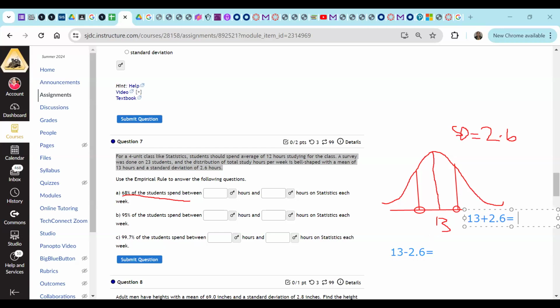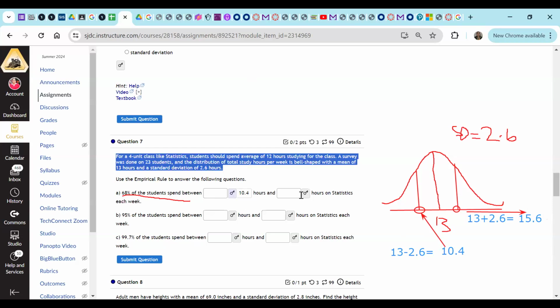So 13 plus 2.6 is 15.6. 13 take away 2.6 is going to be 10.4. So that is the lower bound, and this is the upper bound. And that will go in the blanks of this question: 10.4 and 15.6. Okay.